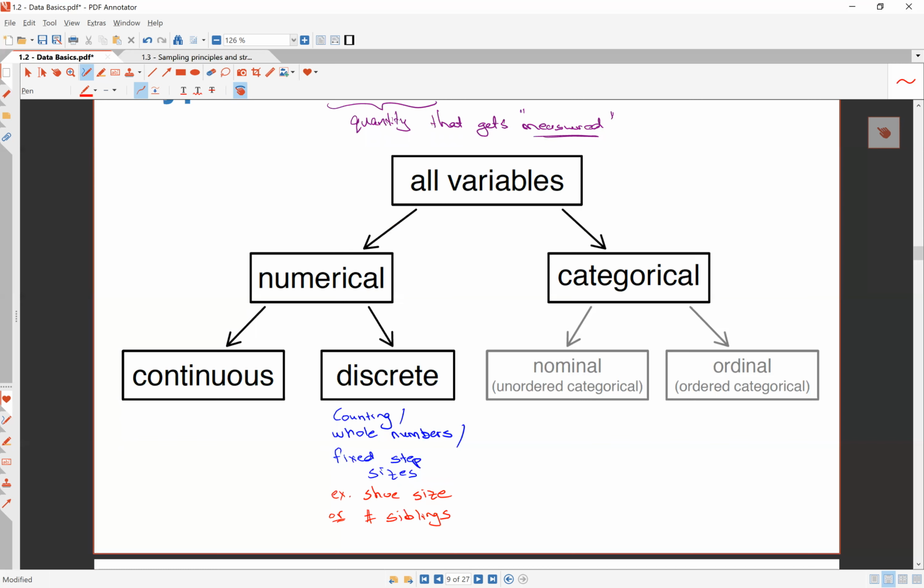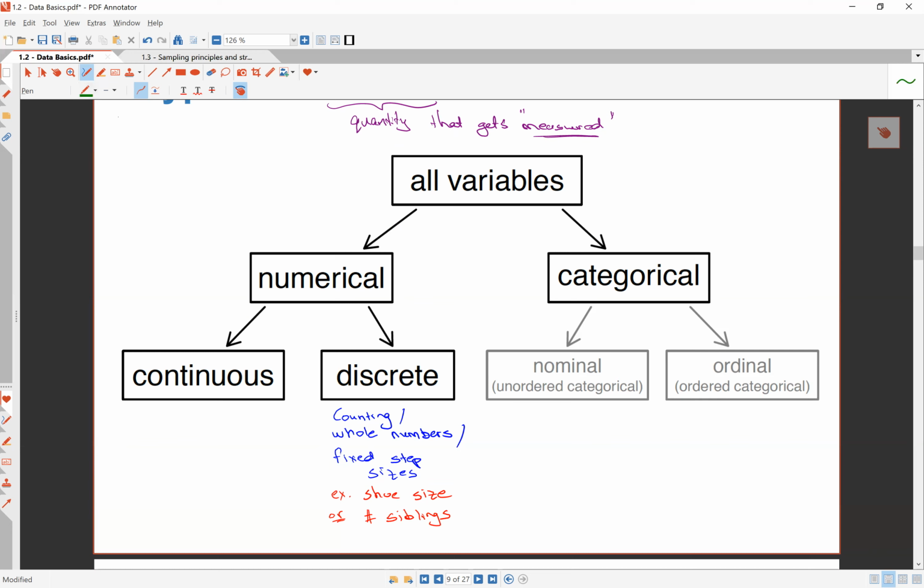It doesn't matter whether you like your siblings or not, that doesn't make them count less. So your siblings, you could have 0 siblings, you could have 1 sibling, you could have 2 siblings. That's something that we're counting or that occurs in whole numbers. So whole numbers or fixed step sizes tells us something is discrete.